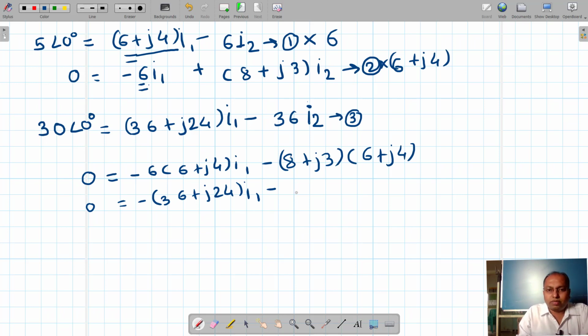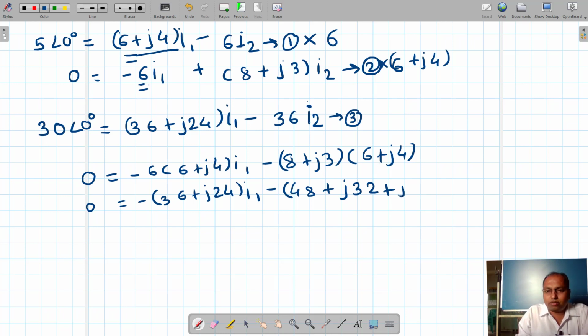Now let us expand this bracket. 8 times 6 is 48, plus 8 times 4 is 32, plus now let us multiply j3 to this bracket.